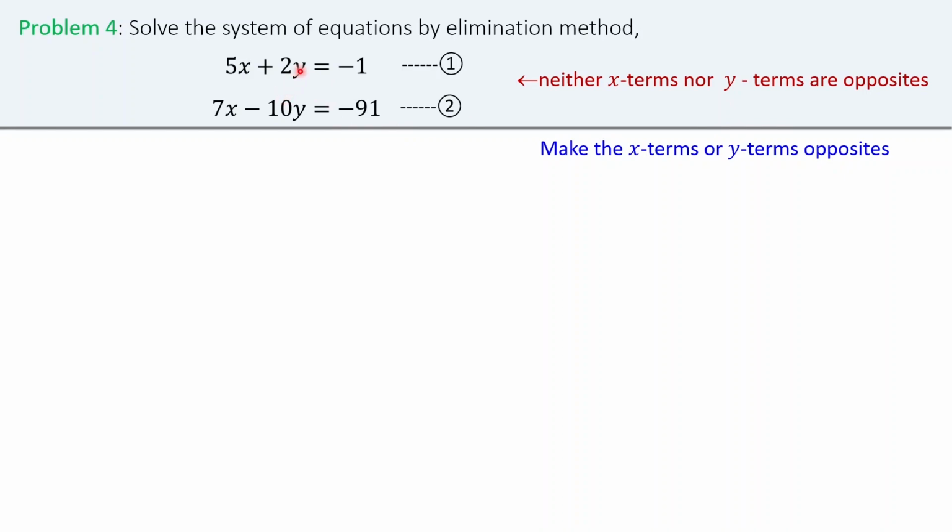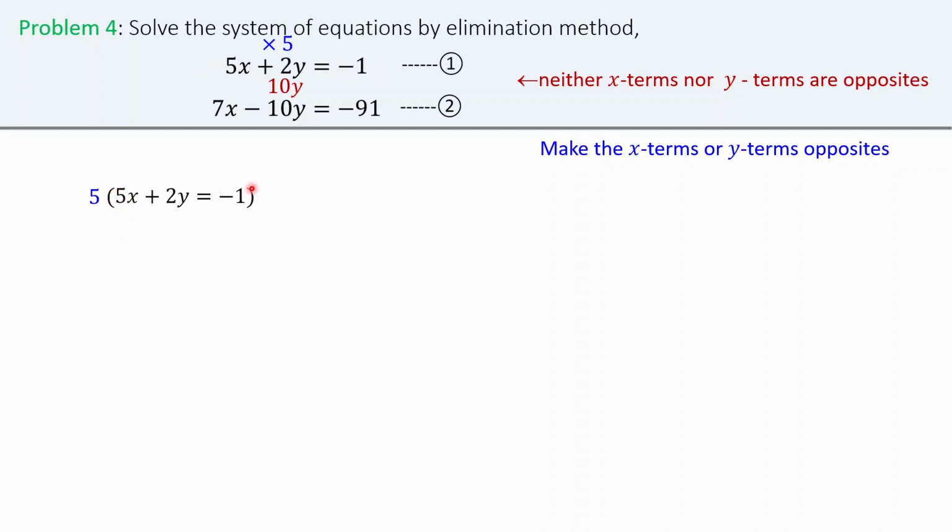You can make the y terms opposites because if you multiply 5 with 2y, you get 10y. 10y, negative 10y are opposites. So what you need to do is multiply 5 with this equation.